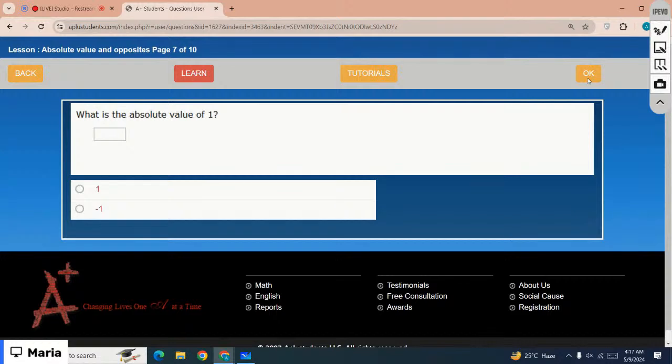What is the absolute value of 1? The absolute value of 1 is 1.